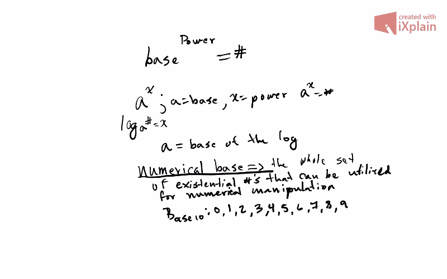And then you immediately start putting on 10, 11, 12, 13, 14, 15, 16, 17, 18, 19. So the numerical base is the whole set of existential numbers that can be utilized for numerical manipulation and counting principles. Now, a lot of teachers, when they teach logarithms, don't really talk about this, but the base is basically the amount of numbers you can count with.